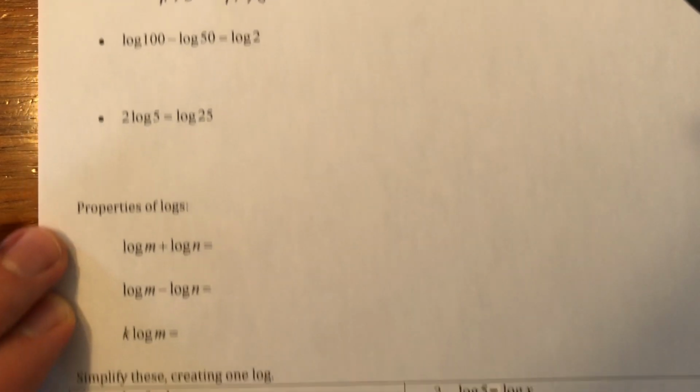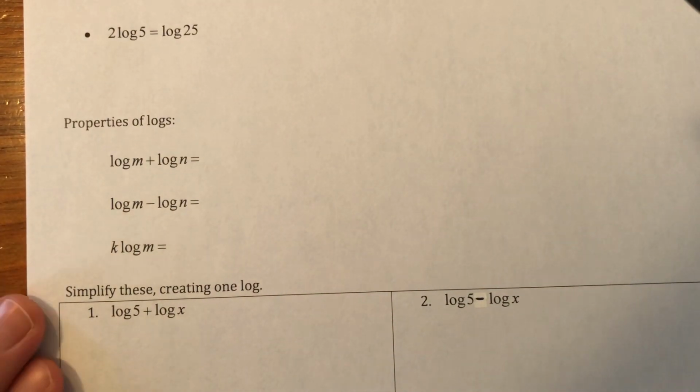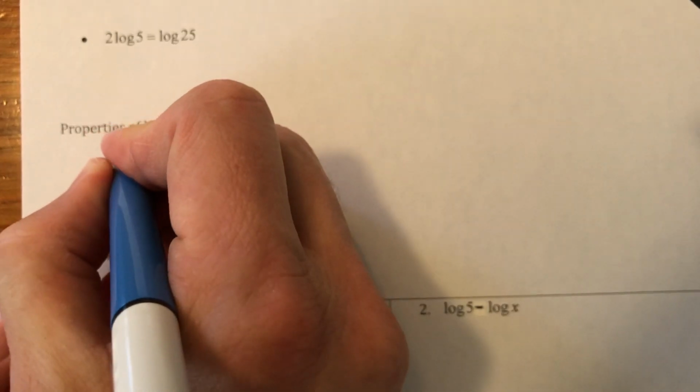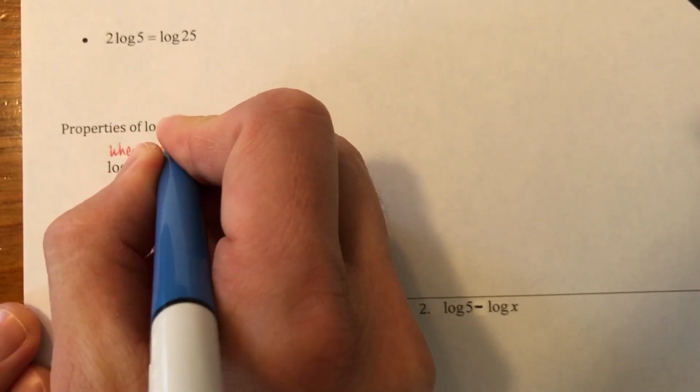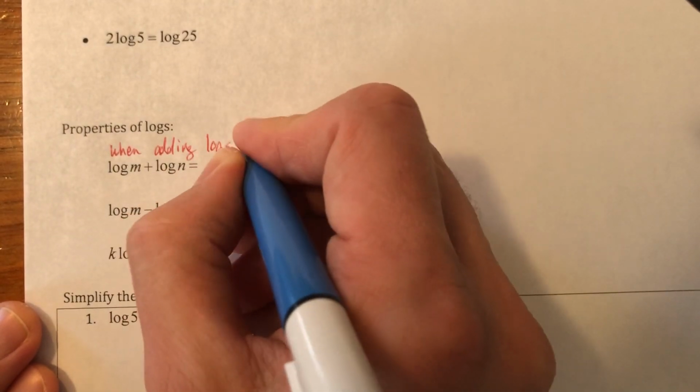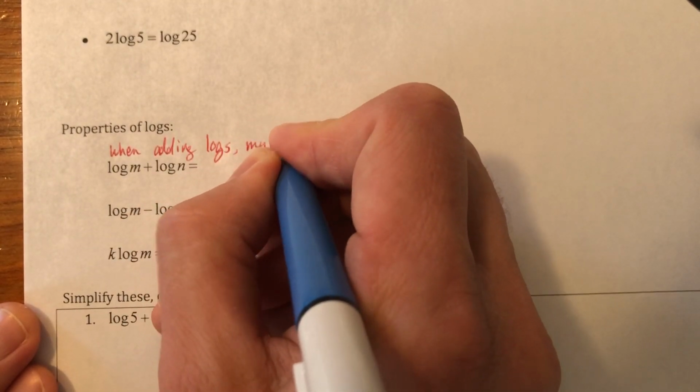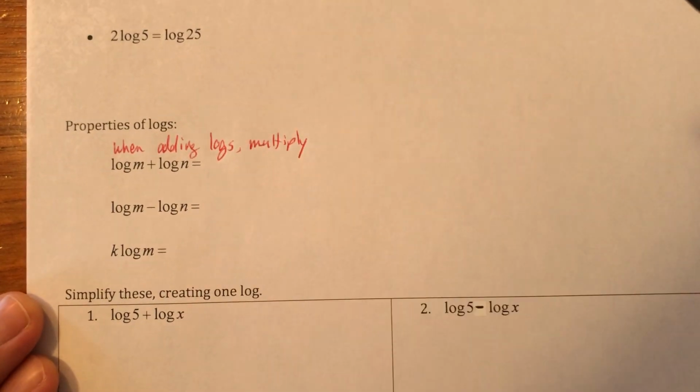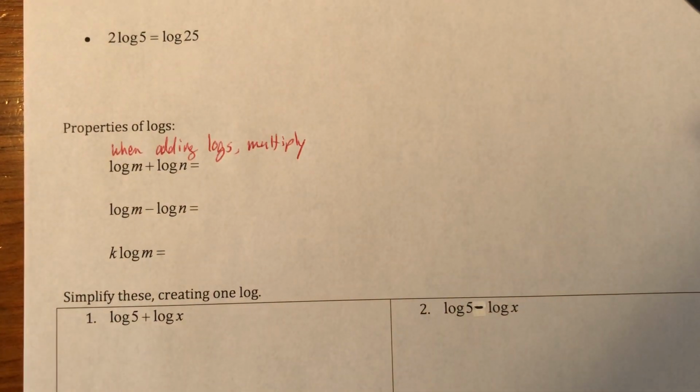I'm going to slide the paper up, and I'm going to write that down. When adding logs, multiply. Now, I have oversimplified that explanation. There's a couple things I left out.